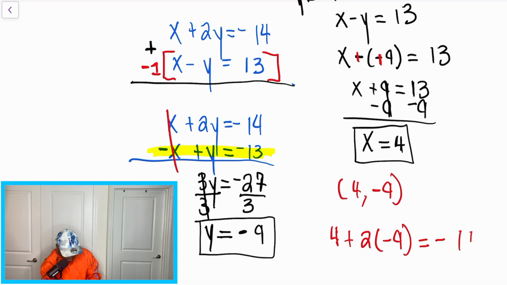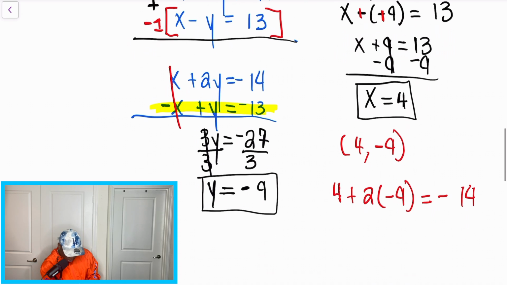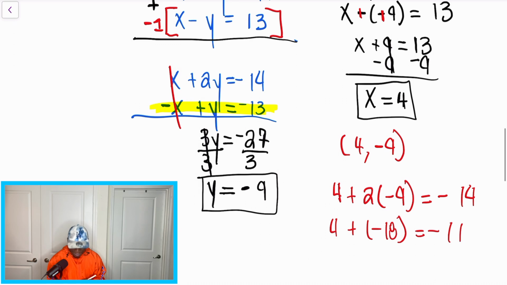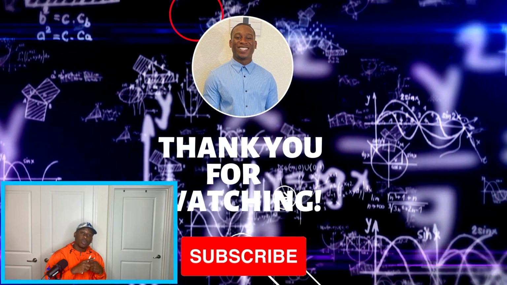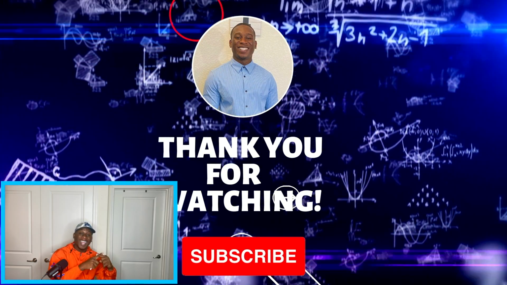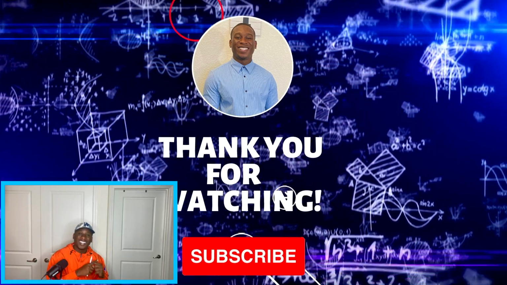When I look at this, we have 4 plus -18 is equal to -14. Once we do the math, guys, we get a final answer of -14 is equal to -14. So we know that this is a true statement. This is a solution to the system of equations, guys. This is where those two lines are going to cross on a graph at the point 4, -9.